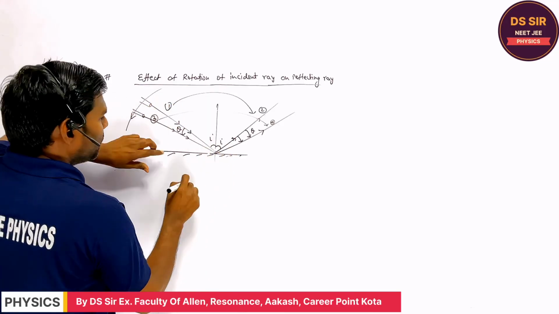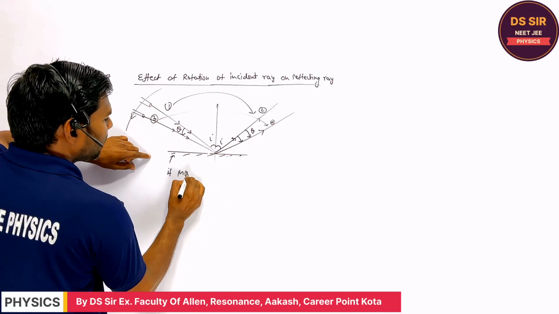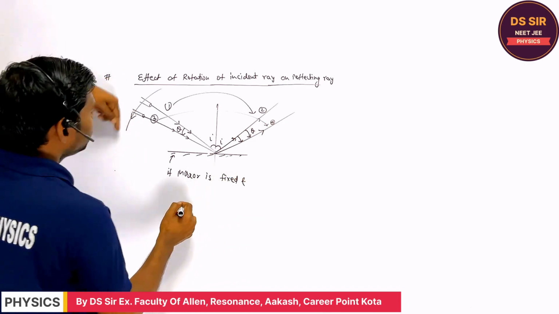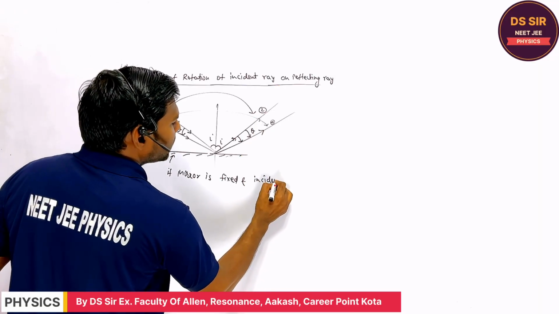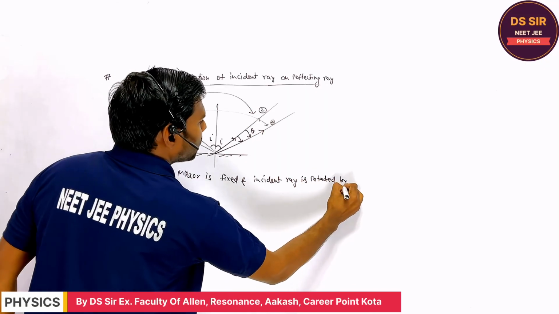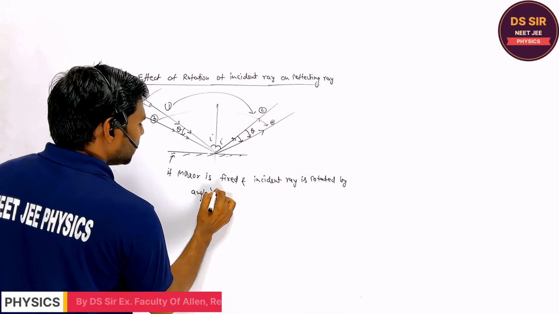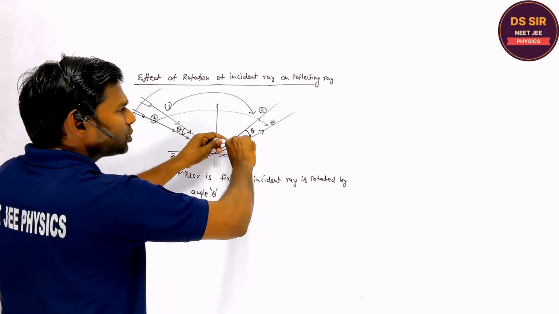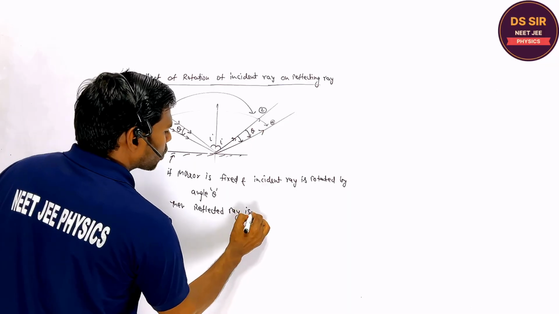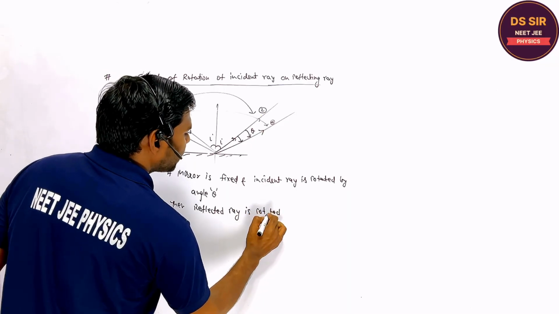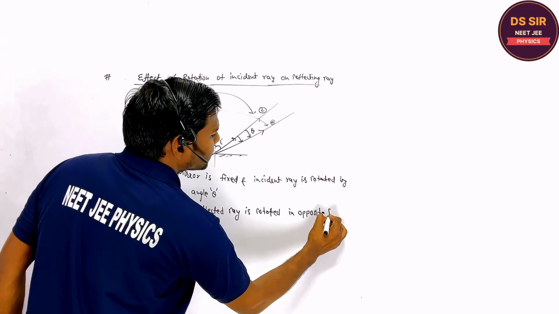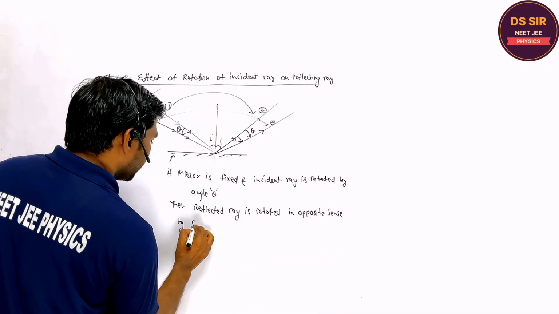So therefore if the mirror is fixed and the incident ray is rotated by angle theta, then the reflected ray is rotated in opposite sense by the same angle theta.